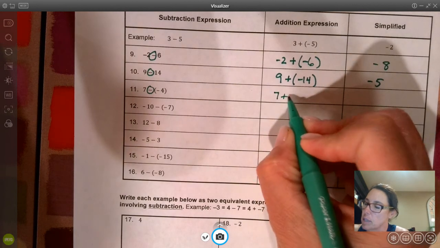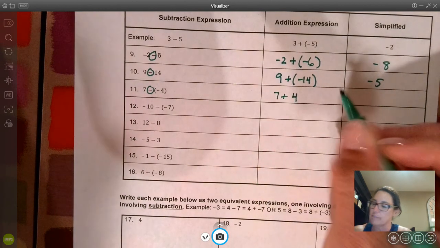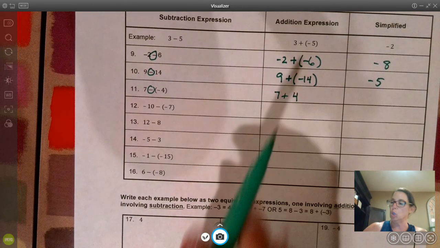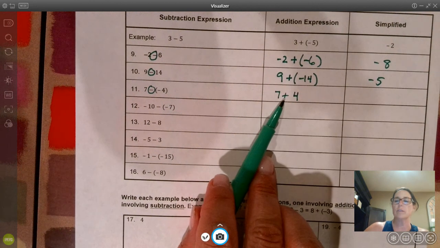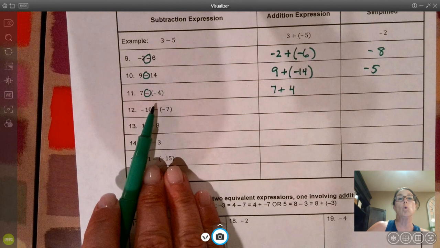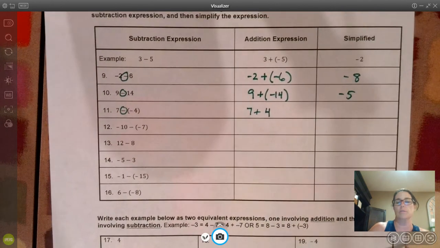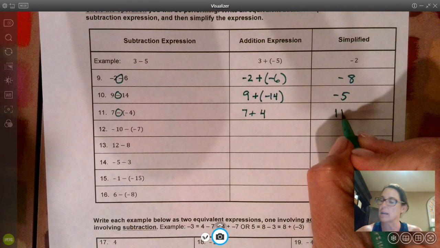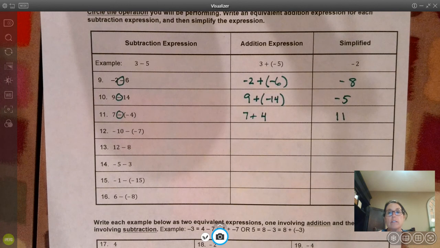So 7 plus a positive 4. You probably prefer this than this, but guess what? They are equivalent answers. They both get 11. They just look different and have different meanings.